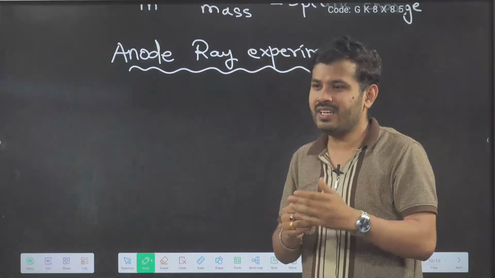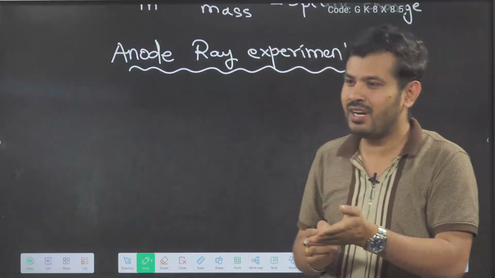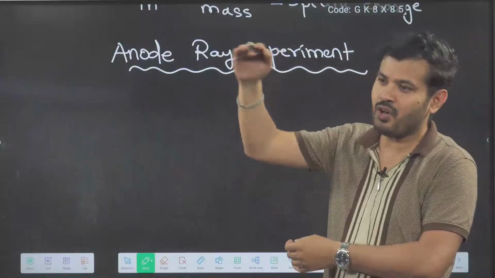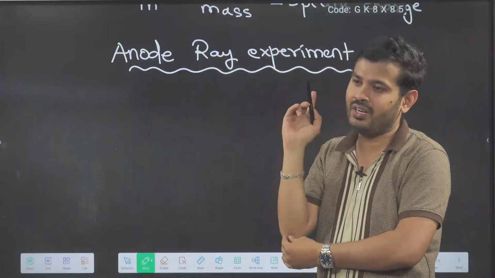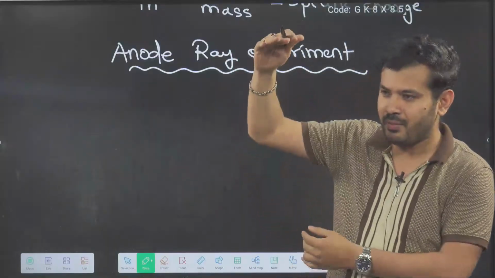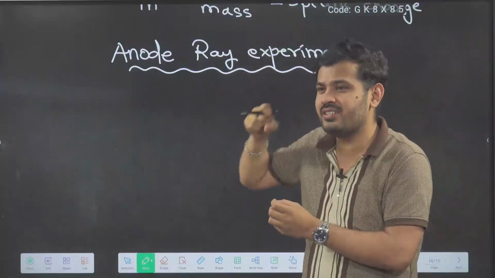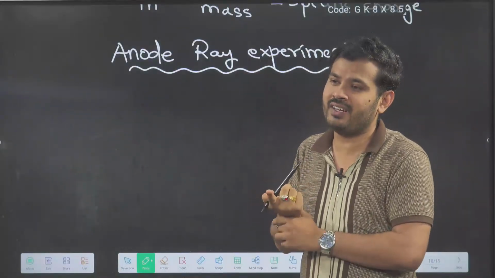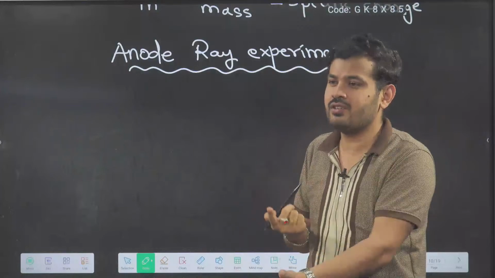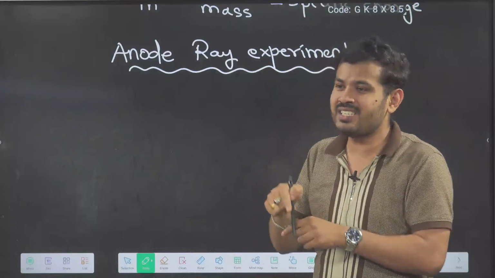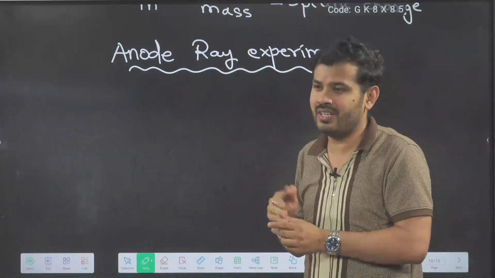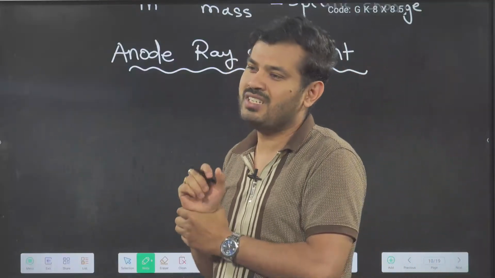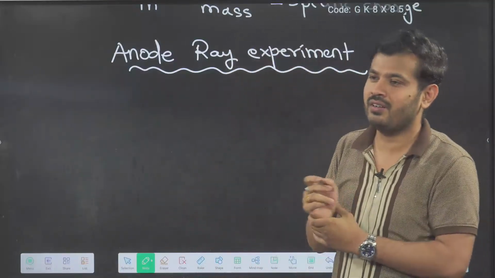The cathode ray has negative charge, and in the external electric field the positive terminal, which I have drawn at the top, attracts the negatively charged electrons. How much will the force of attraction be? That depends on how much is the charge on the electron and how much is the charge on the positive terminal. That is what we call the electric field. What is the strength of the electric field?